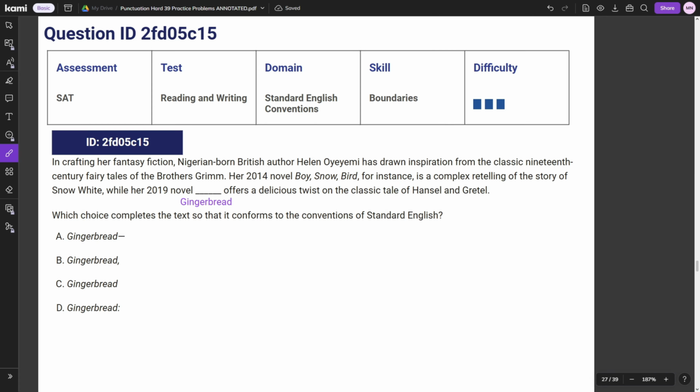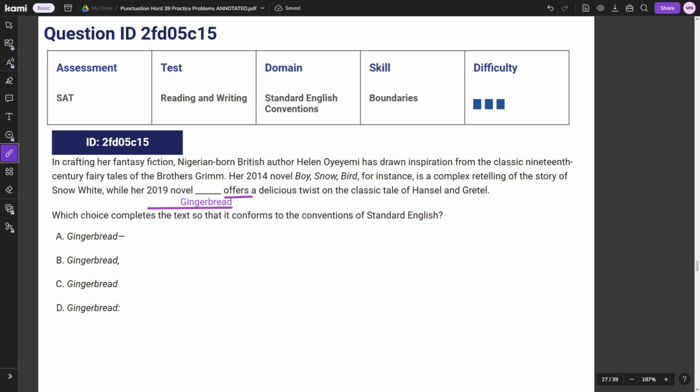Now, I went ahead and plugged in our answer without any punctuation, and the reason this works is because Gingerbread, or really 2019 novel Gingerbread as a whole, is going to be your noun, and then offers is going to be your verb. And you never put any punctuation between a noun and a verb. It's as simple as that.